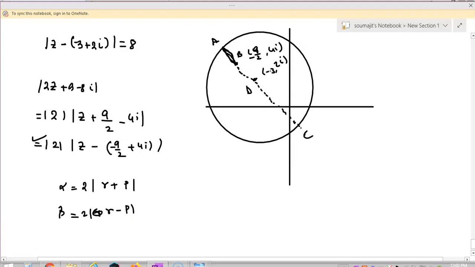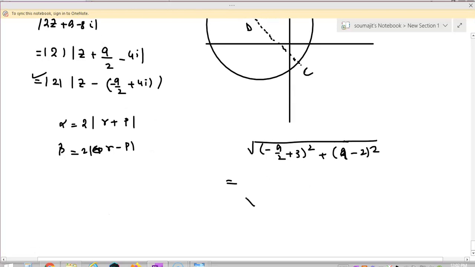So how to find this value? The length of BD is equal to the square root of (-9/2 + 3) squared plus (4 - 2) squared. So this is equal to the square root of (-3/2) squared plus 2 squared.